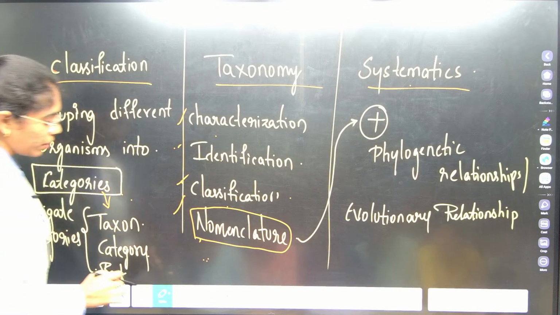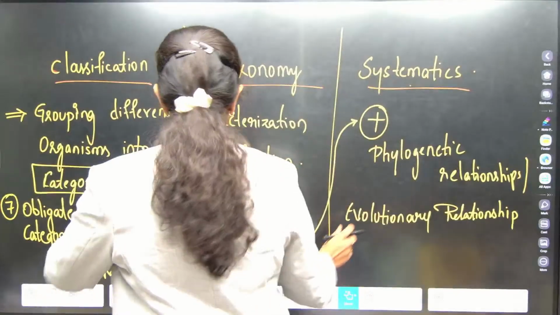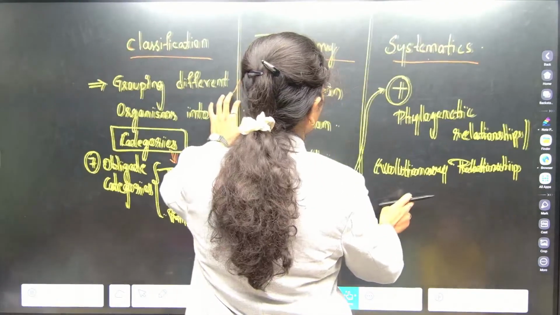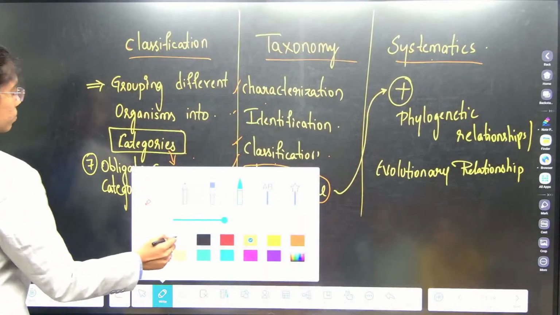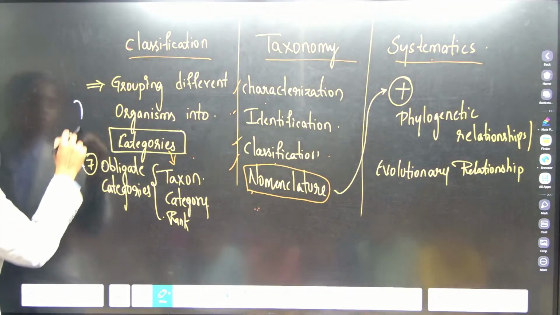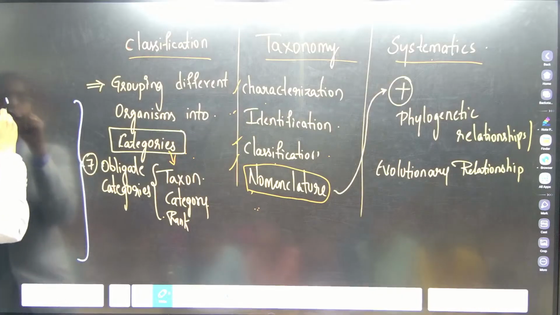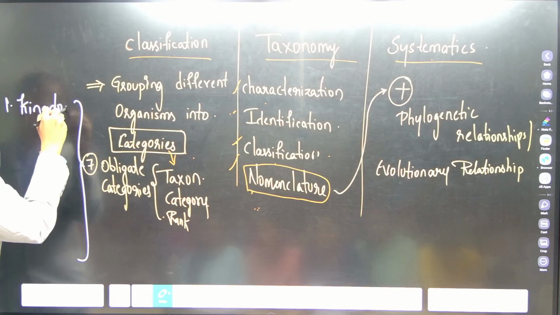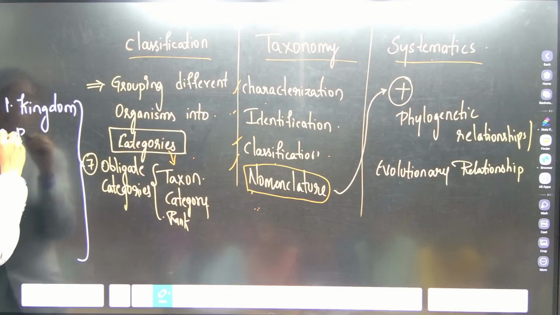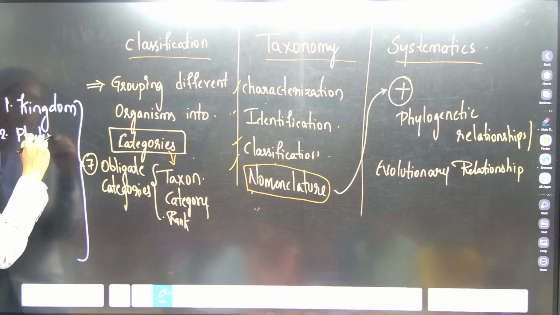What are the 7 obligate categories? First is kingdom. Second, phylum or division.